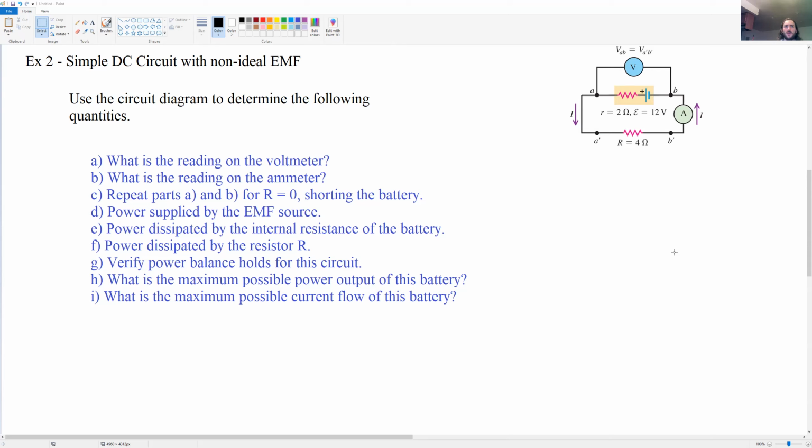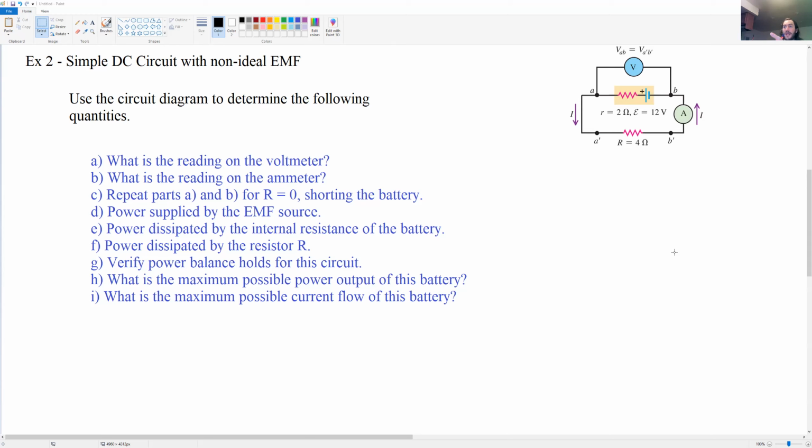Okay, what about you, Henry? Do you agree with that? Do you think that V should be the 12 volts? Okay, so now Alberto maybe wants to change his answer, so that's okay.